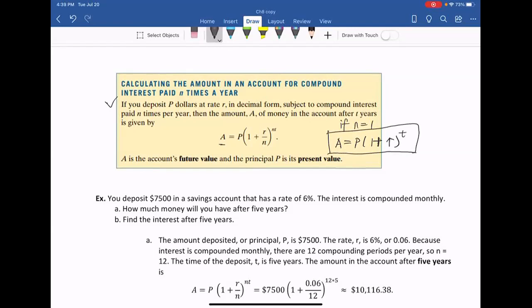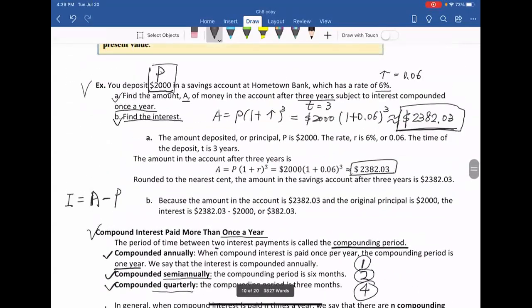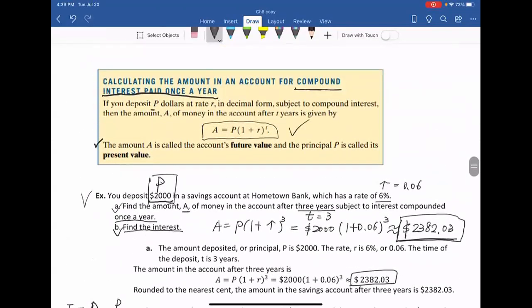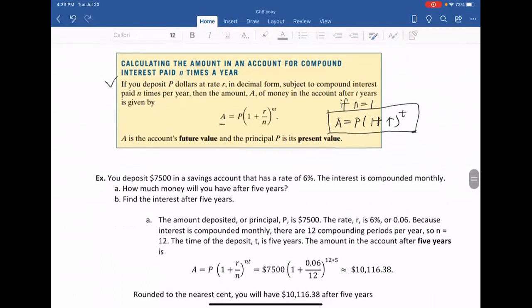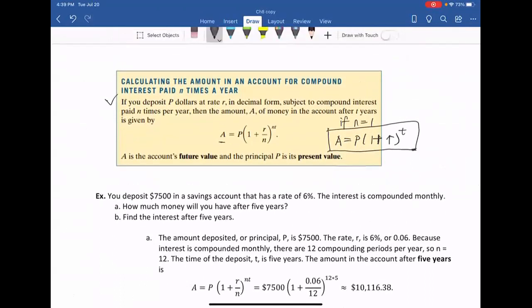Because this is what we learned here. Here the compound interest is paid once a year. So when we plug in n equals 1, we got this.